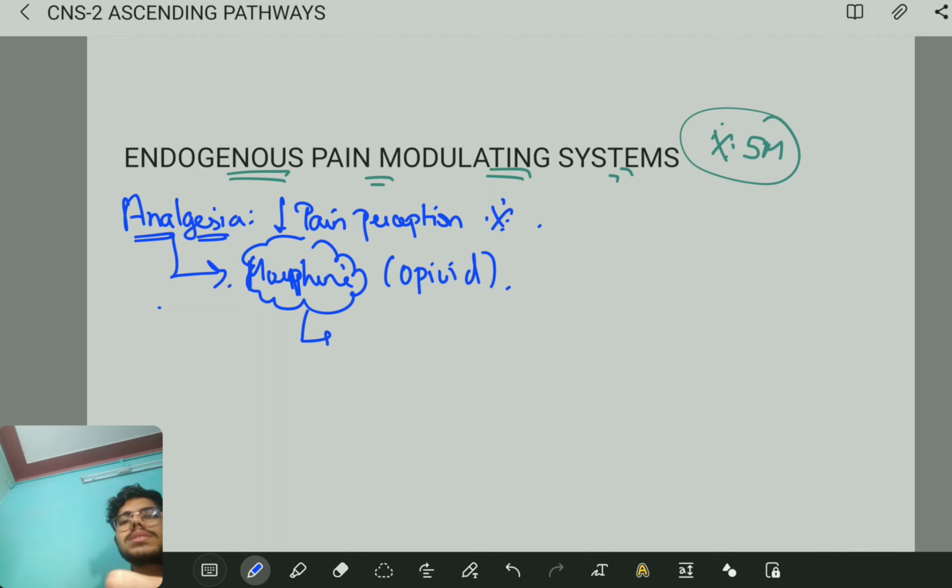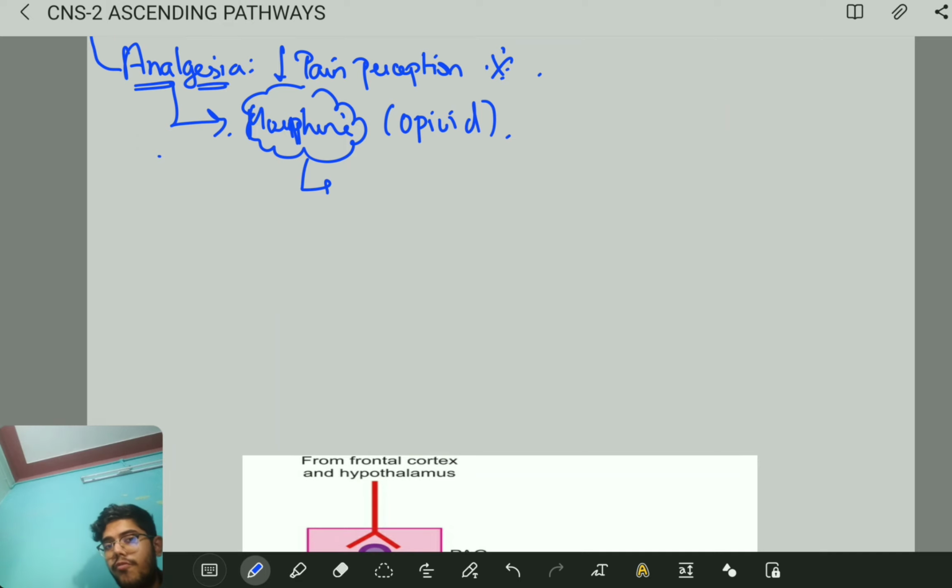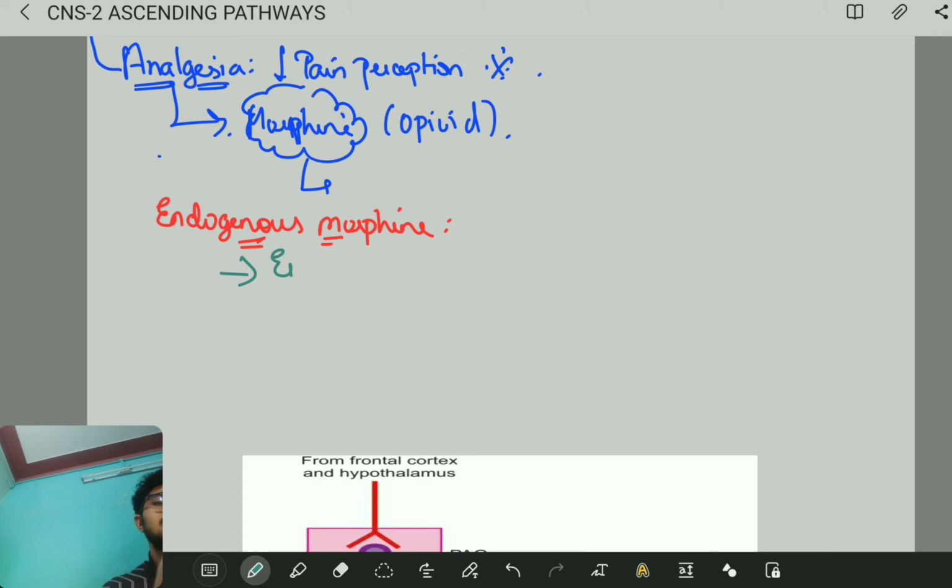Now how can I use this concept here? Listen carefully. In our body also, we have morphine-like substances. What are those morphine-like substances called? It is called endogenous morphine. What are those endogenous morphines in our body? Listen carefully. They are called endorphins.